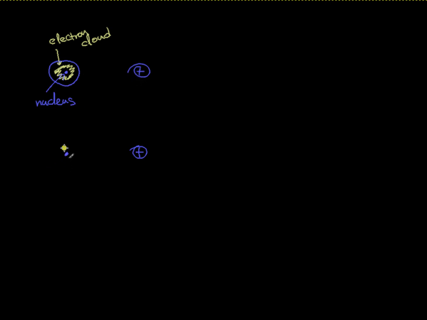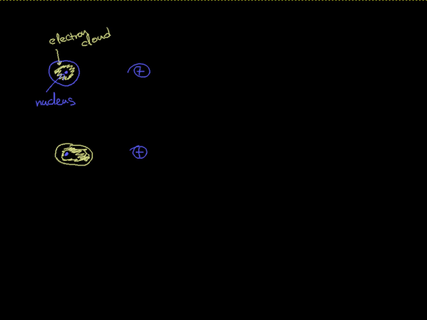So the electron cloud will be distorted, and instead of being a spherical cloud, it will be more of something that looks like this. The probability of finding the electrons is going to be a little bit greater on the side that is in between, if you want, the nucleus and the positive charge, and that's because this charge is attracting the electron cloud towards it.